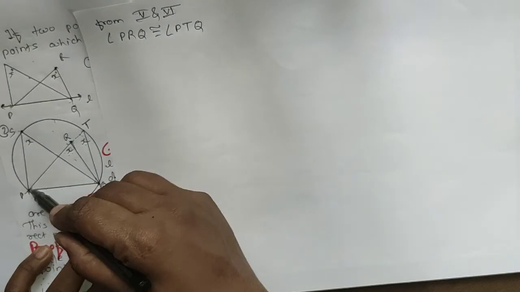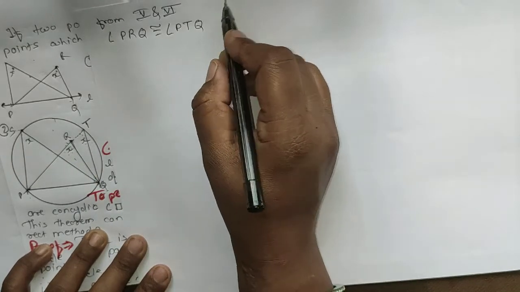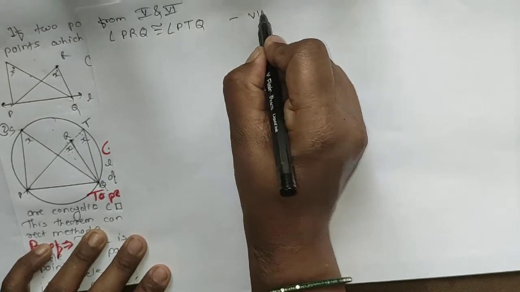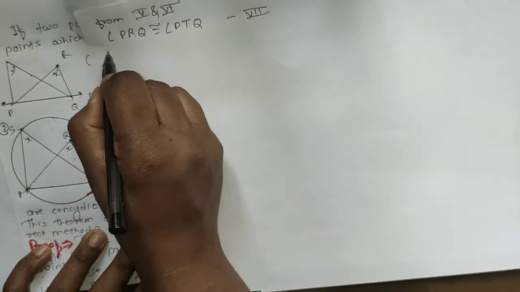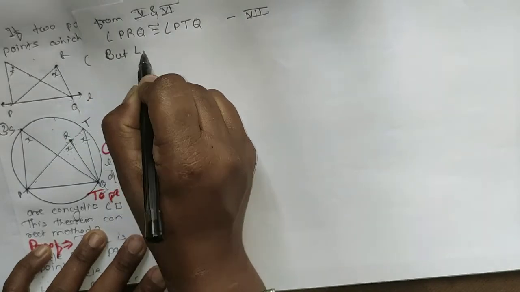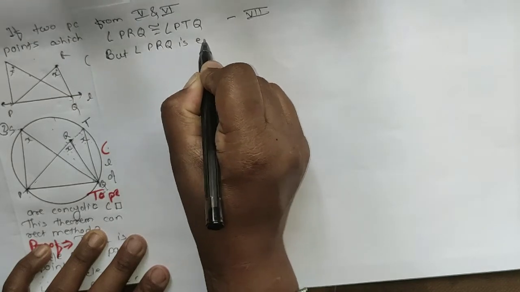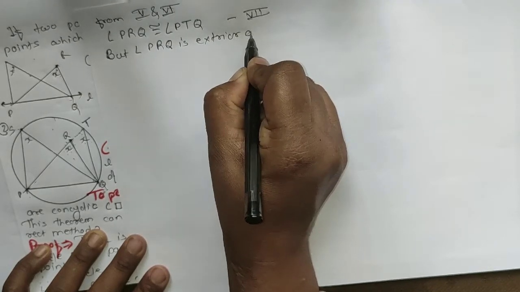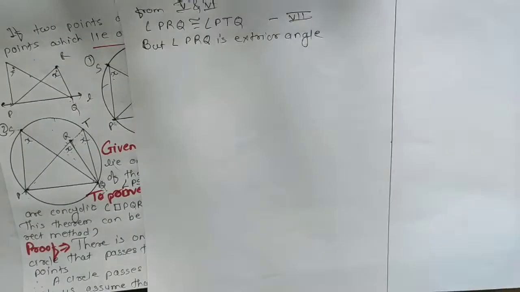Same thing we have to say, but angle PRQ is an exterior angle. This is our statement number 7. Angle PRQ is an exterior angle of triangle RQT.